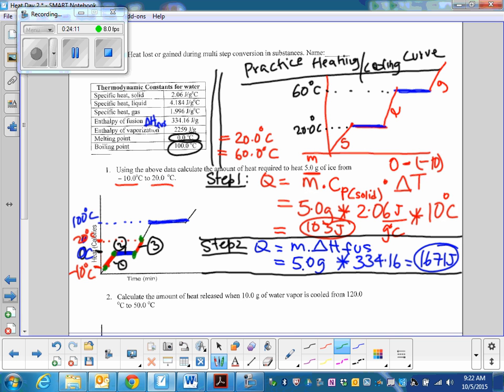Yes, Louis. Q equals, step 3. So what is my equation? Q equals M times... Let's stop and think. What specific heat should I use? Very good.